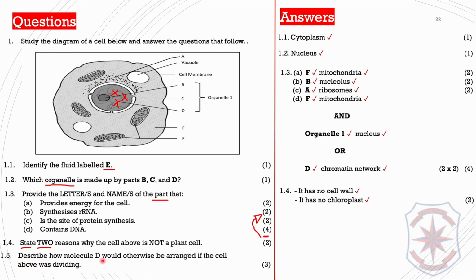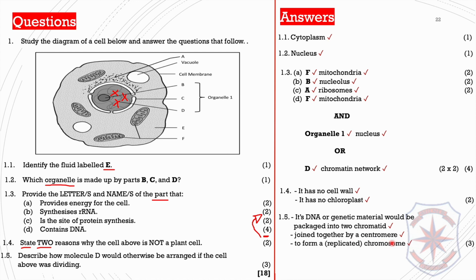Let's read the question again. Describe how molecule D would otherwise be arranged if the cell above was dividing. The correct answer is DNA or genetic material would be packaged into 2 chromatids joined together by a centromere to form a replicated chromosome.